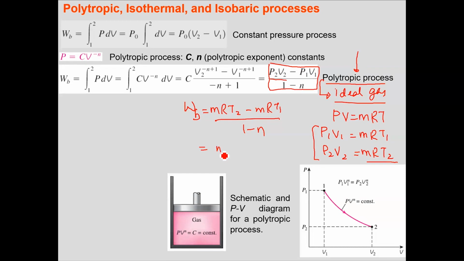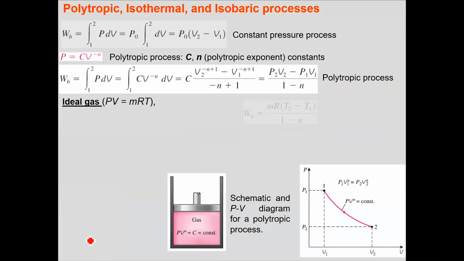Or I can write it as mR(T2 minus T1) over 1 minus n. Clear enough? Is it clear? Yes, sir. All right. So this is the boundary work for a polytropic process undergone by an ideal gas.